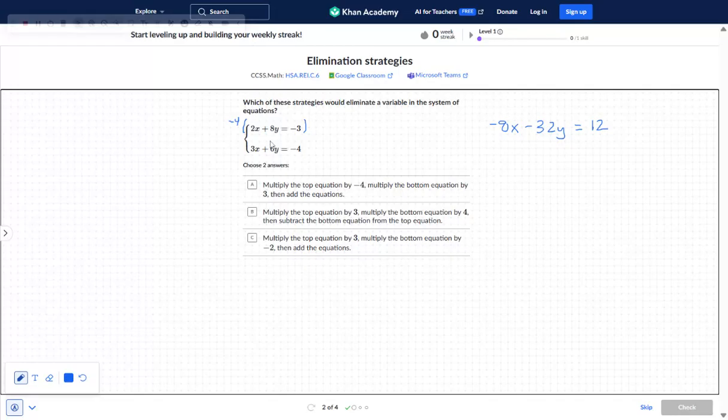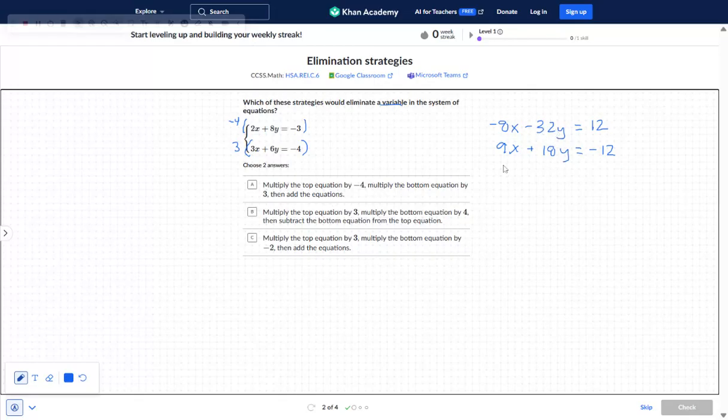And the second equation by 3 would give us 9x plus 18y equals -12.